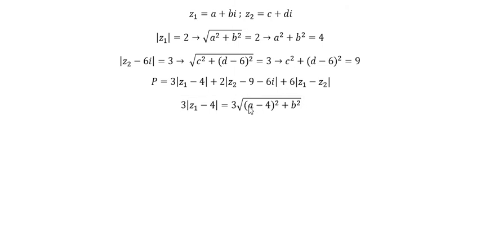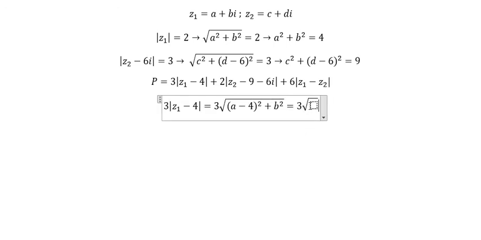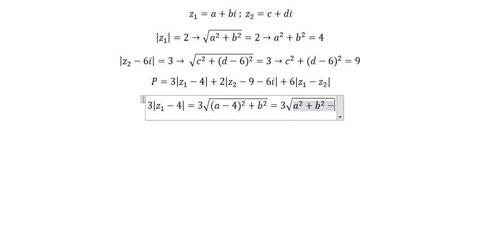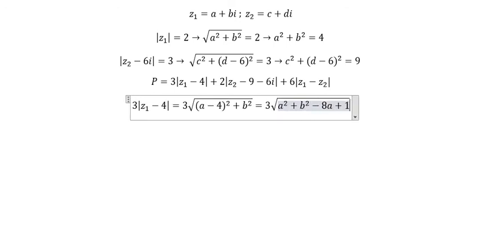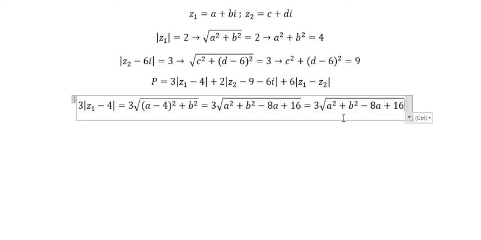In this situation, we just expand this one, which can change to 4. So 4 plus 16, you got 20.